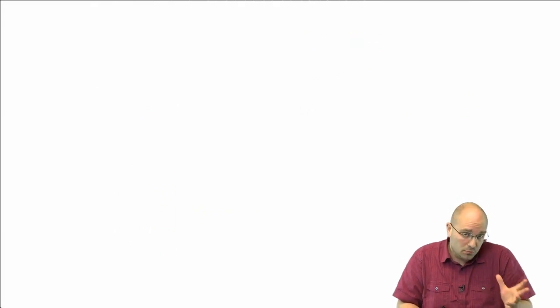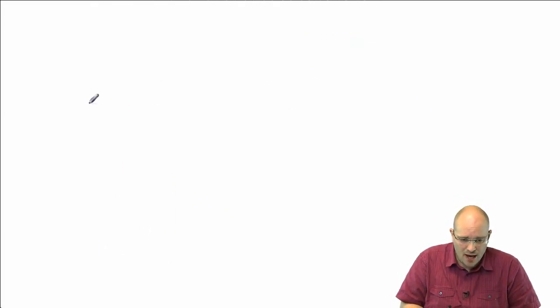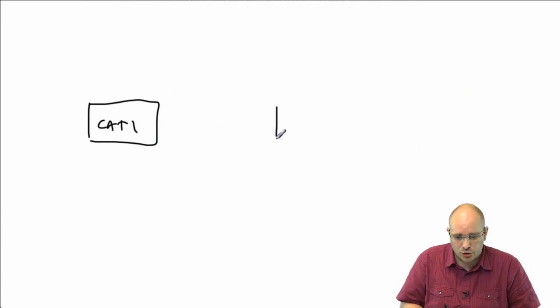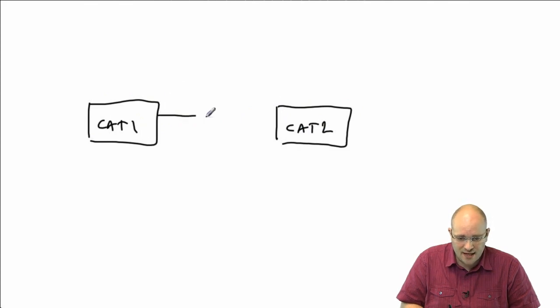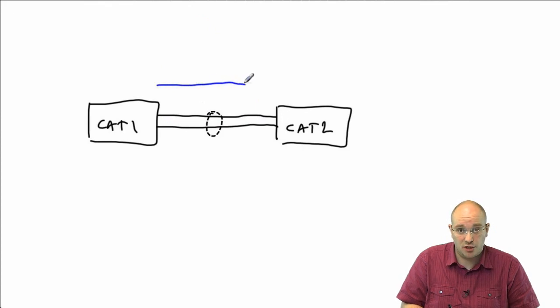So let's take a look at the example that we just used here. I'm going to have two switches, CAT1 and CAT2. I'm going to have, let's say, two links between them. Very, very simple situation. And I have traffic moving in this direction here.